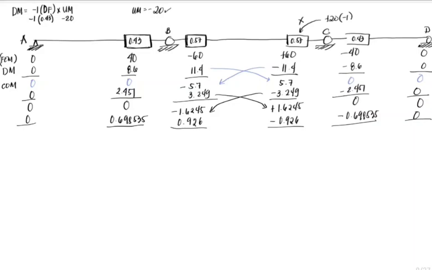Next naman natin, we have, ito, wala naman po ma-share, wala na naman po ma-share para sa ating carryover moment. Ang pwede lang mag-share itong isa. So, divided by 2. So, 0.926 divided by 2, that is 0.463. So, ang gagawin lang natin is ito, negative 0.463 and positive 0.463.